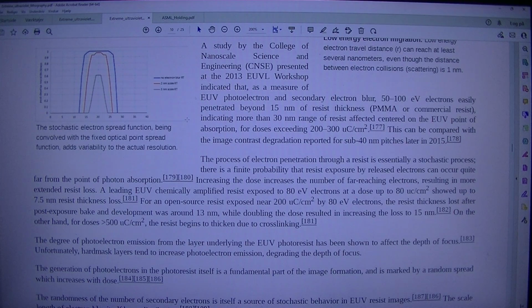This can be compared with image contrast degradation reported for sub-40 nm pitches later in 2015.